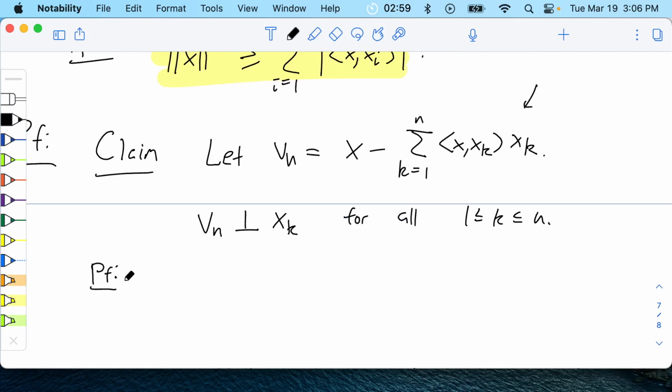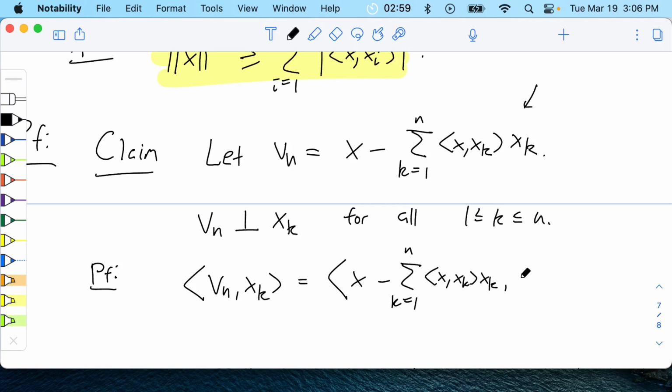You just calculate. So let's take the inner product of Vn with xk. And what is it? Well, it's this inner product. Okay, this is where you have to be careful with your dummy variables and your variables. So here I have a sum with k, and here I have xk.